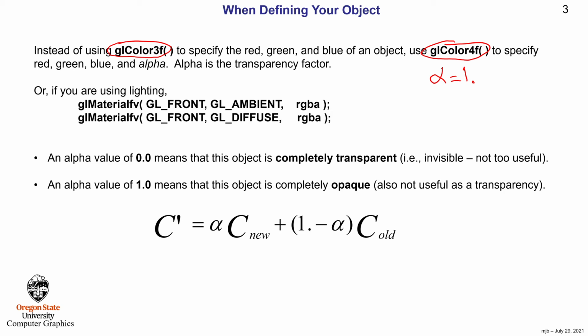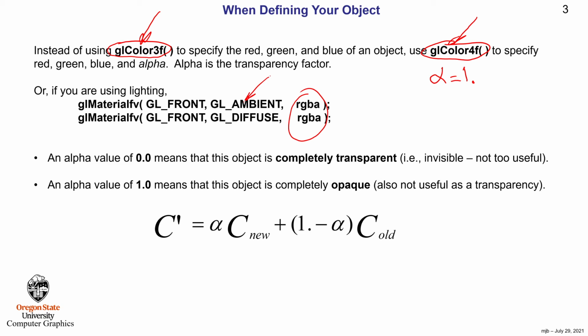And very shortly, we're going to be talking about lighting, and we're going to have calls called GL material, and instead of doing color, you would do color and alpha like this. So anyway, if you're doing colors, you do color 4F. And if you're doing lighting with materials, you do material FV.